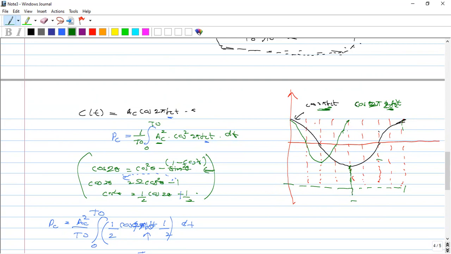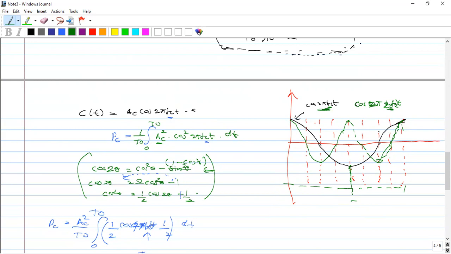And we have this way, this way, this way, and this way. So this is the second half.